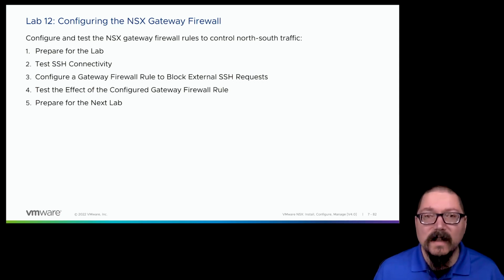We're going to create our policy and rules to block SSH from outside. We're going to see how that works. We're also going to see that doesn't impact things inside the gateway. And then when we prepare for the next lab, it's going to be a matter of disabling those policies. So come back when you're done with this lab, when you're done with lab 12, and we'll go ahead and wrap up not only this video, but this entire firewall section. See you in a few minutes.